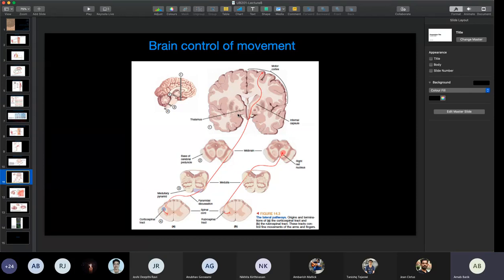The paper I'm going to share with you deals with that. It's a very recent paper that figures out how the corticospinal neurons eventually control movement, how the computation happens directly in these neurons.